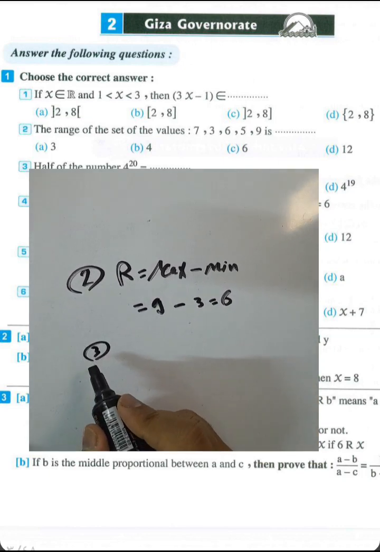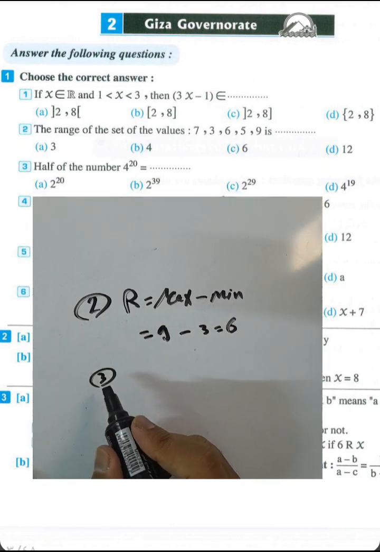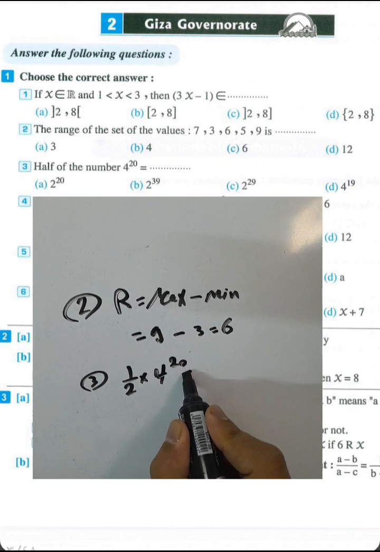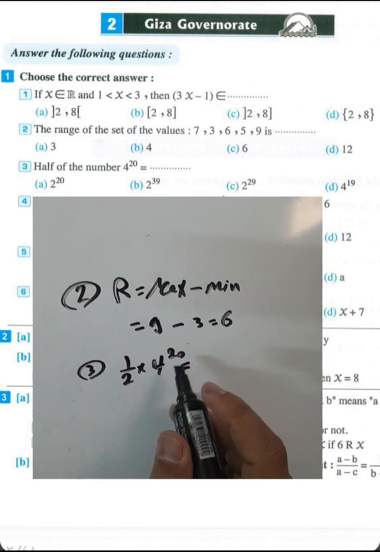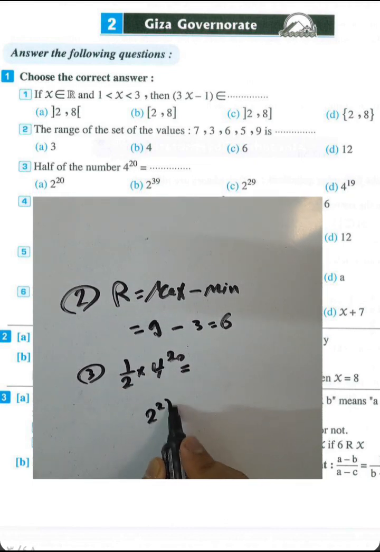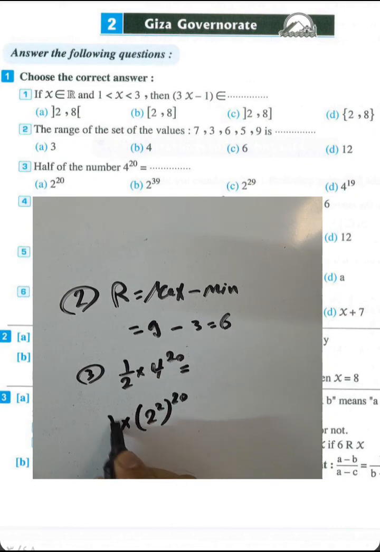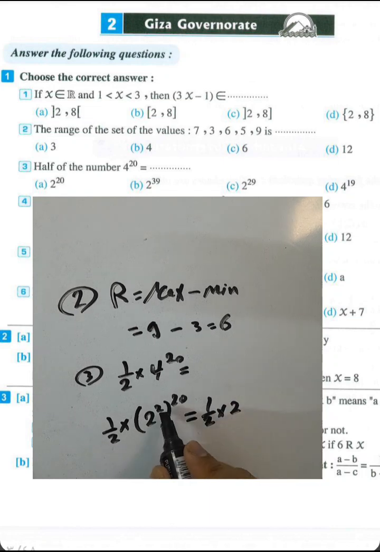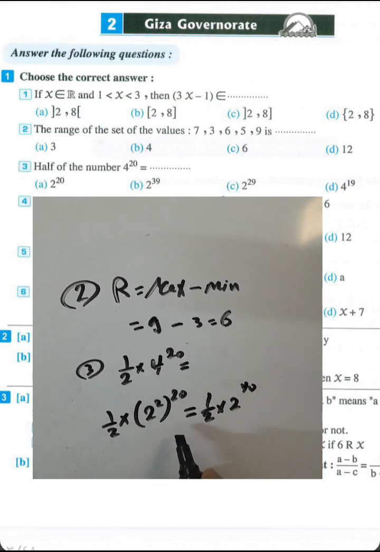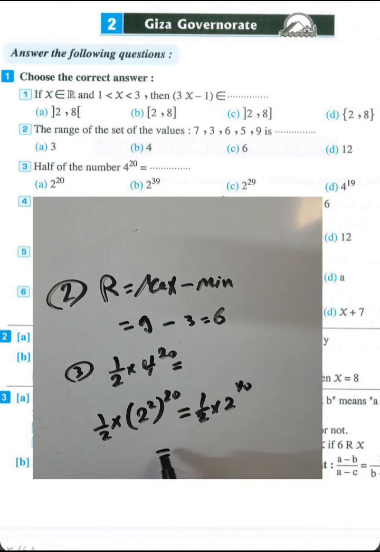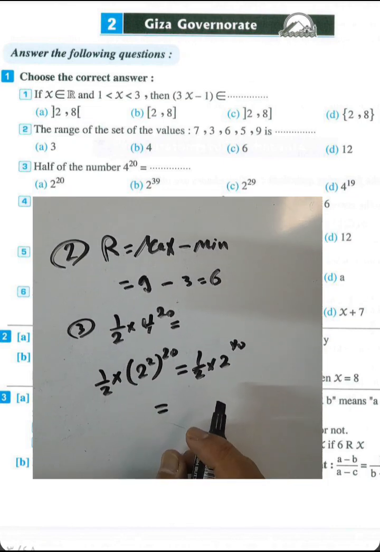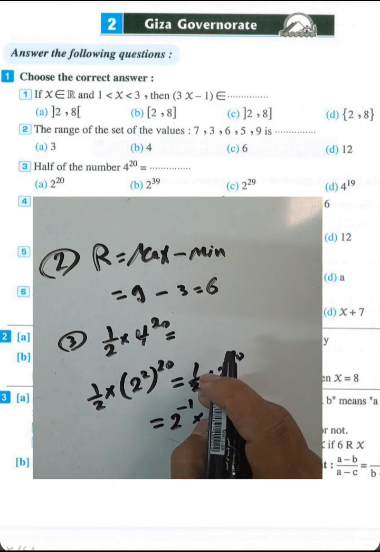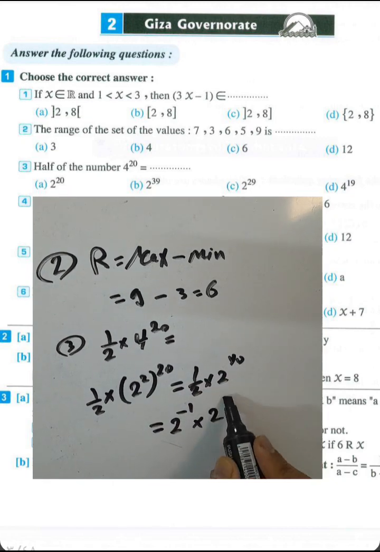Question number 3, half of 4 power 20, meaning half multiplied by 4 power 20. We can write 4 as 2 power 2, so (2 power 2) power 20 is 2 power 40, multiplied by half. Half we can convert from fraction to exponential form: 1 over 2 is 2 power negative 1, multiplied by 2 power 40.